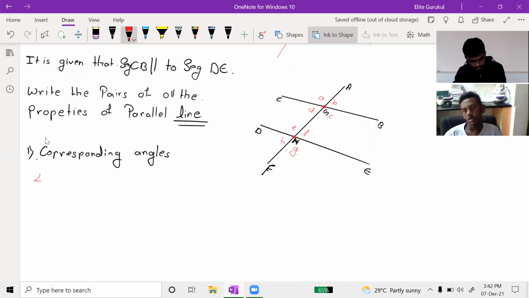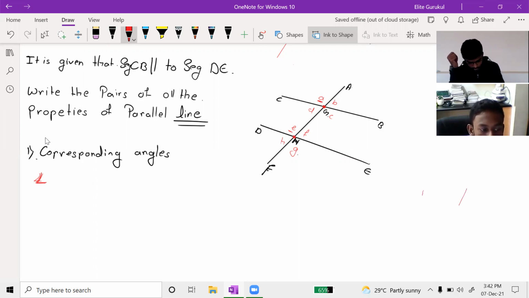If angle A we consider, what is the name of angle A? Angle A is here. What will be the corresponding pair? Corresponding pair angle E. But what is the name?